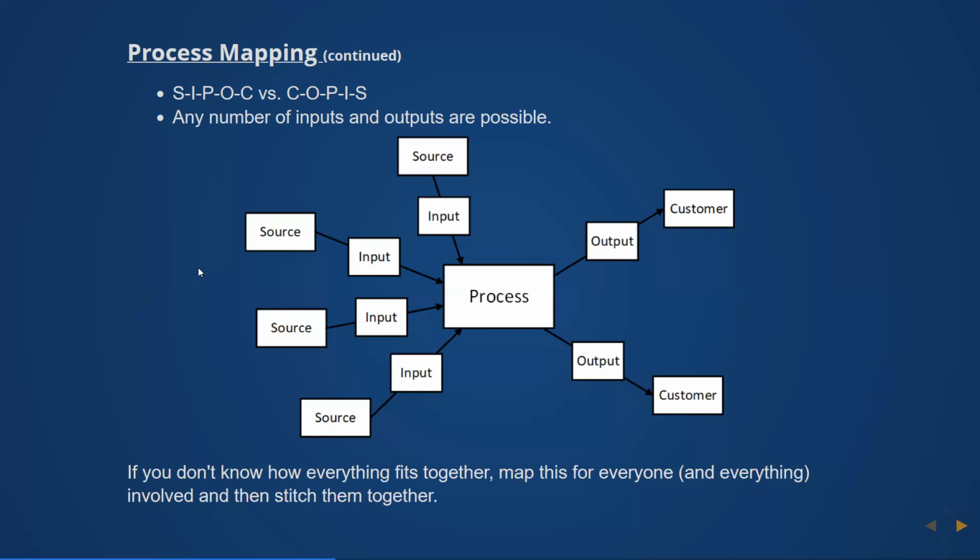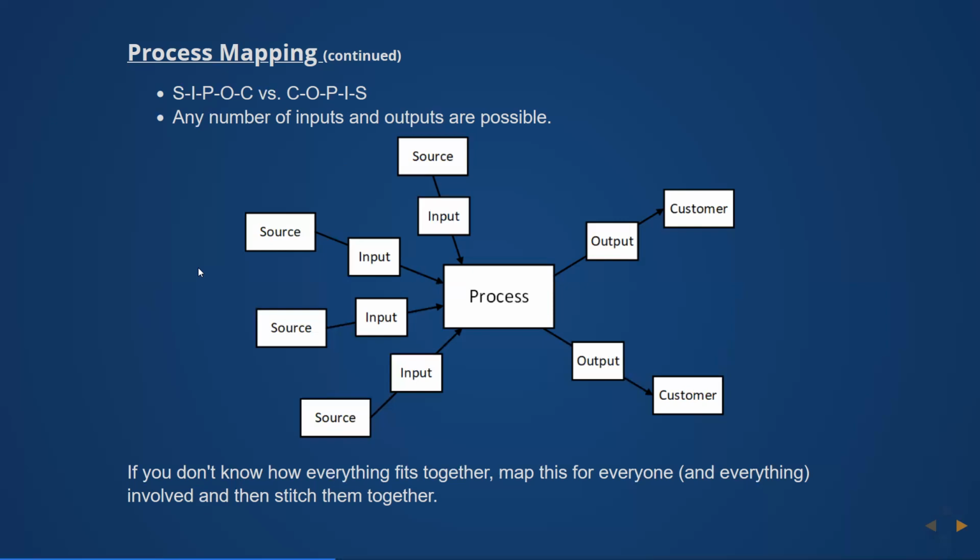So the process you look at, the customer may be some other process and the source could be some other process. So if you stick all those together, you get your full operational scope.